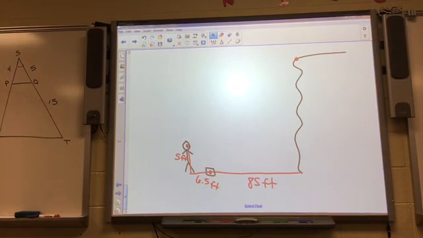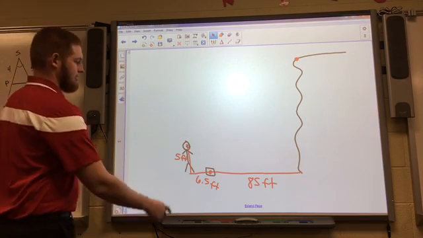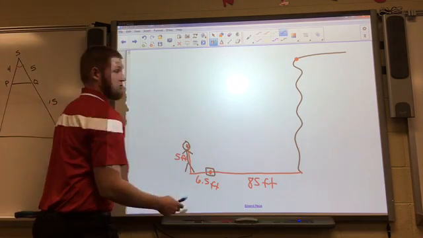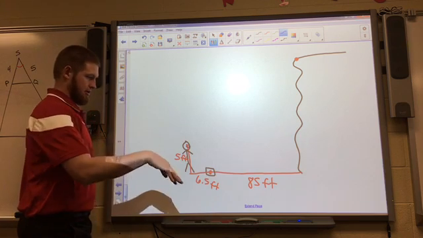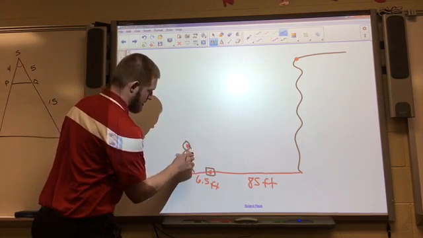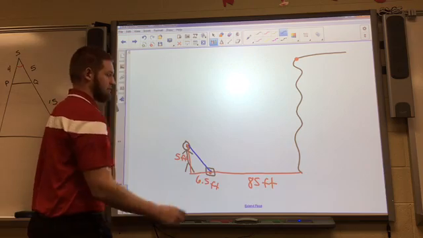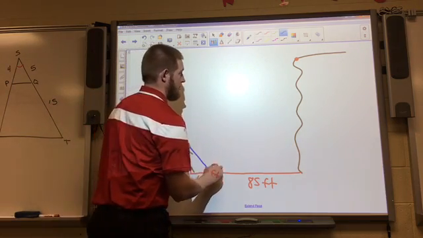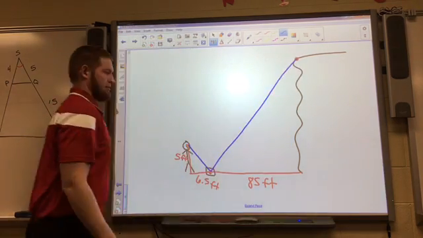And then his line of sight, where's he looking? At the mirror. He's looking down at the mirror. So his line of sight goes from here to here, and then the reflection goes up to that point.